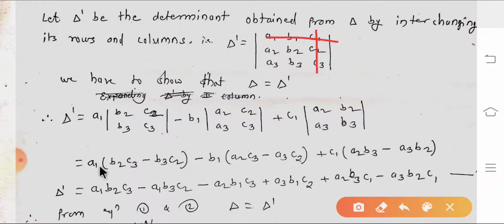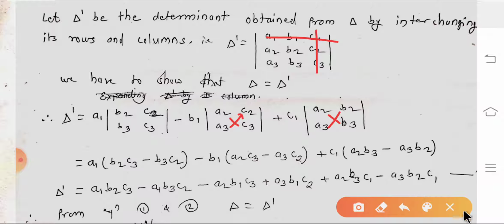Therefore, expanding: a1 into bracket b2 c3 minus b3 c2, minus b1 into bracket a2 c3 minus a3 c2, plus c1 into bracket a2 b3 minus a3 b2.